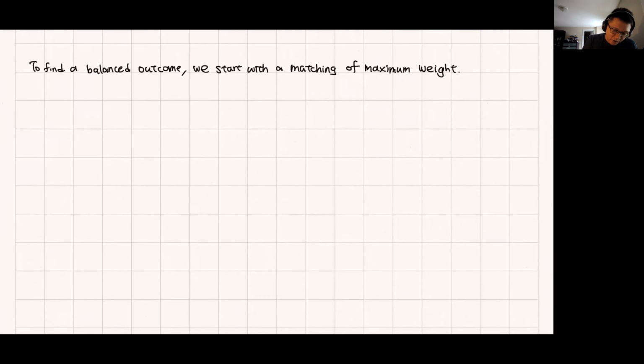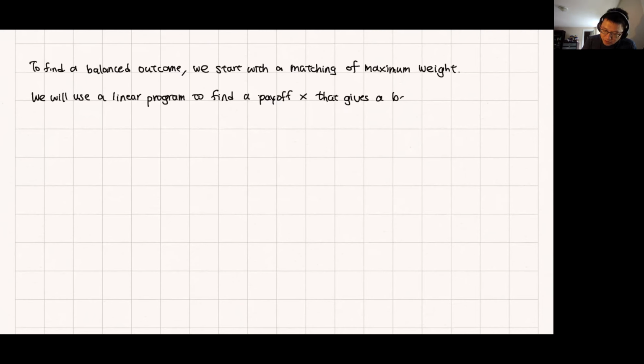Then you will try to figure out what could be the payoffs for the players on the ends of the matching edges. What we will do is use a linear program to find a payoff vector, P of x, that gives a balanced outcome.